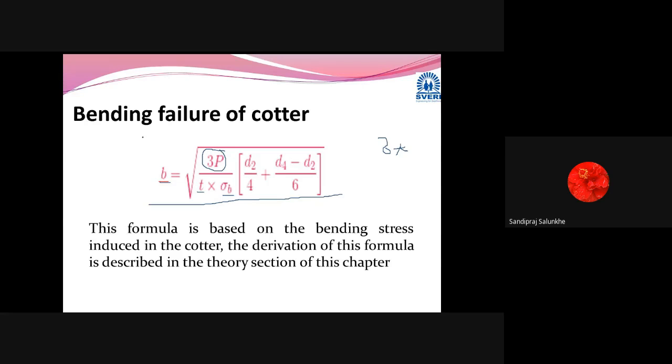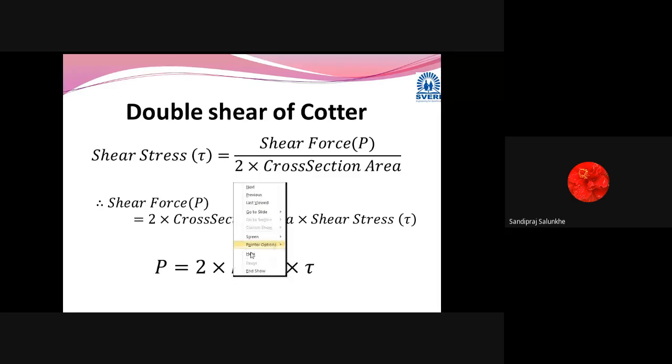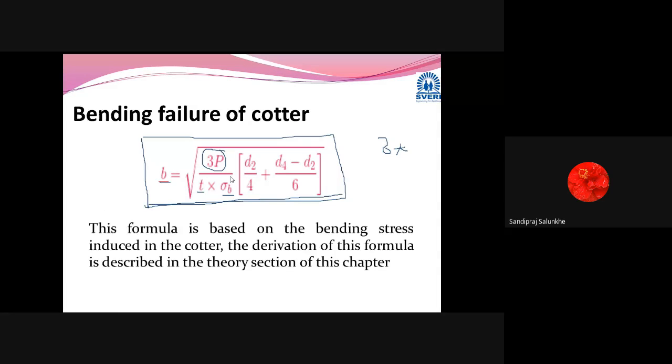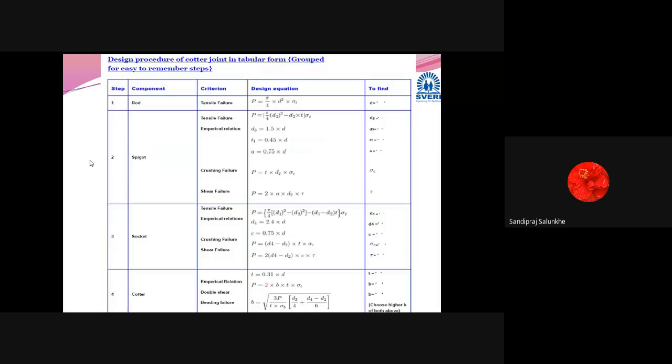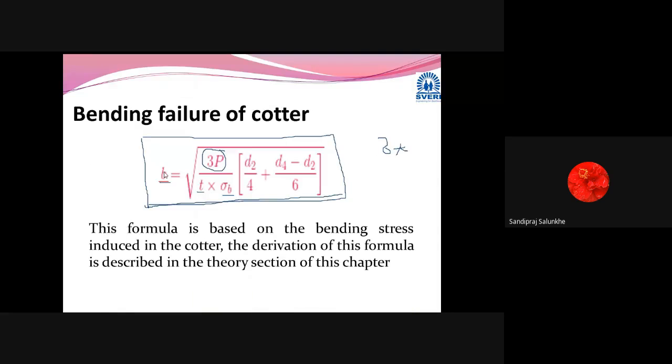Now we just have to check that the value of b which we calculate by means of this formula is less than the value which we calculated by means of the other formula. If this b is coming as 9 centimeter, we consider that this b is within the limit.